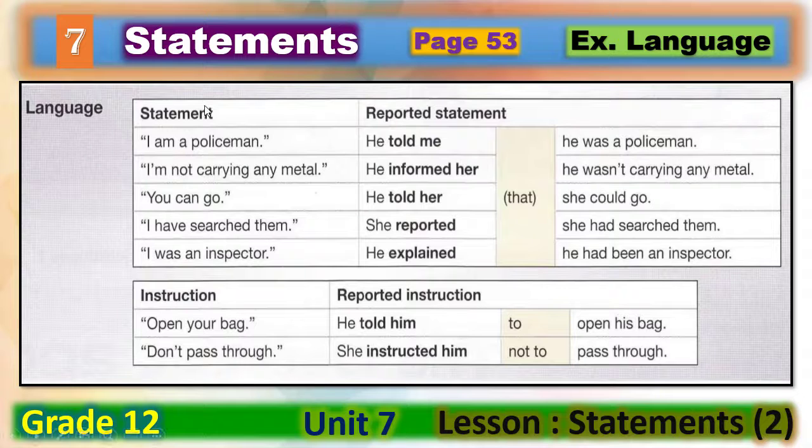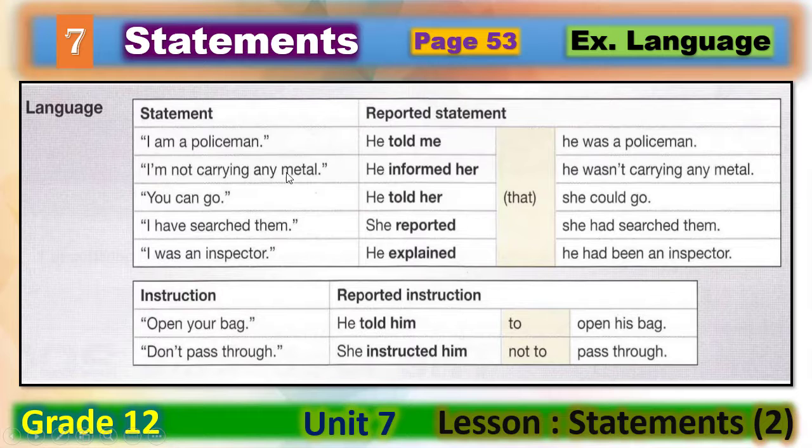If we have a statement, I am a policeman, and we want to change this statement into a reported statement, what will we do? He told me that we will change the tenses from present into past. I am will be was. I am a policeman. He was a policeman. We are talking about him. So he was a policeman.